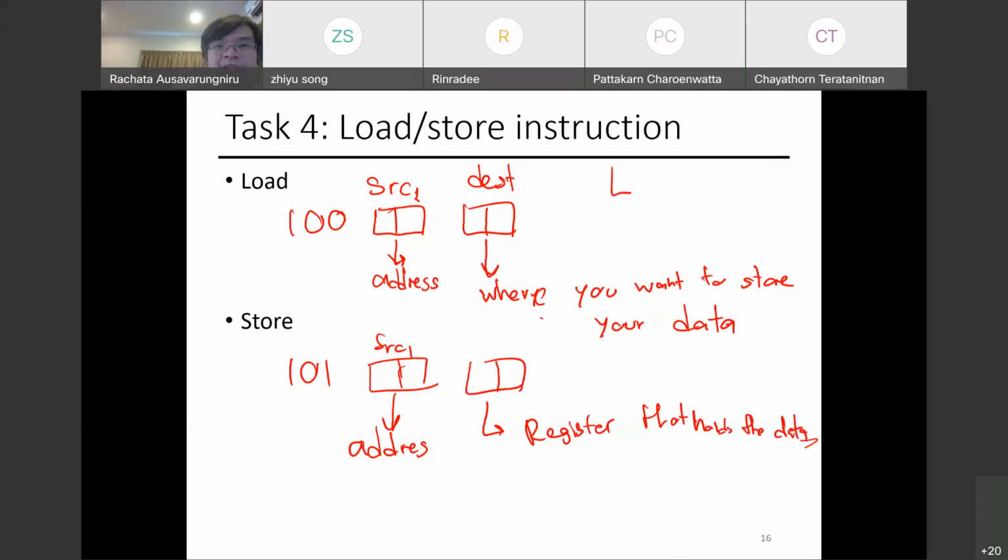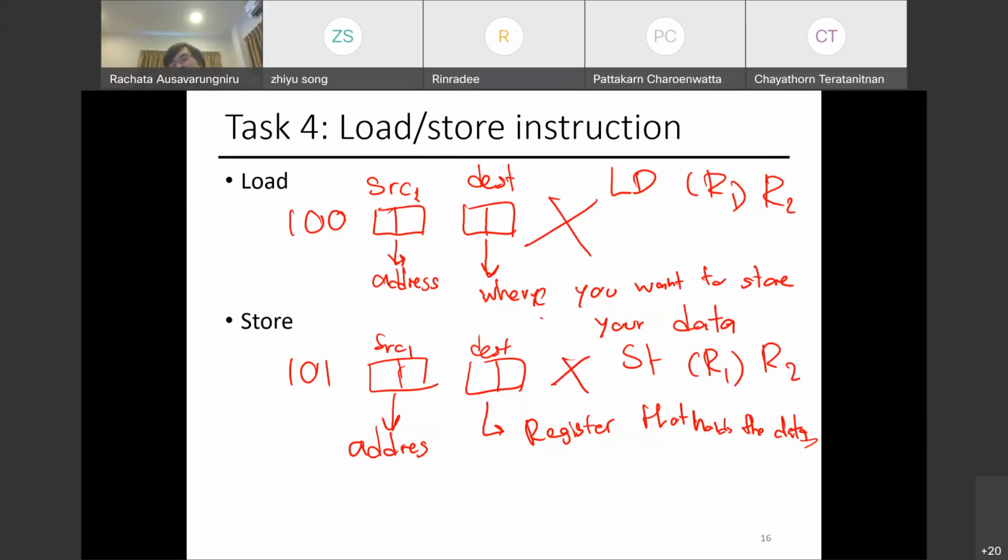So it can be something like this load: whatever is at the address in R1, put that data into R2. It can be store: whatever is in R2, store that to the address where R1 is pointing. And then the rest are the big don't care.